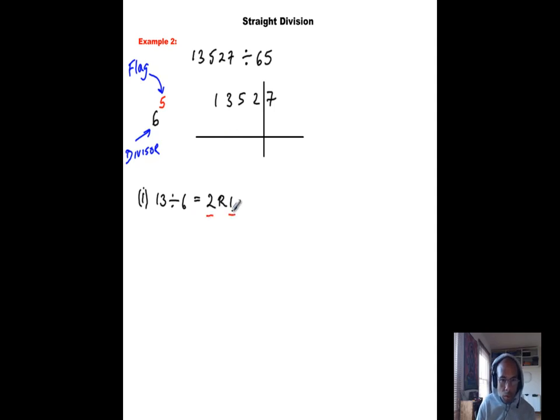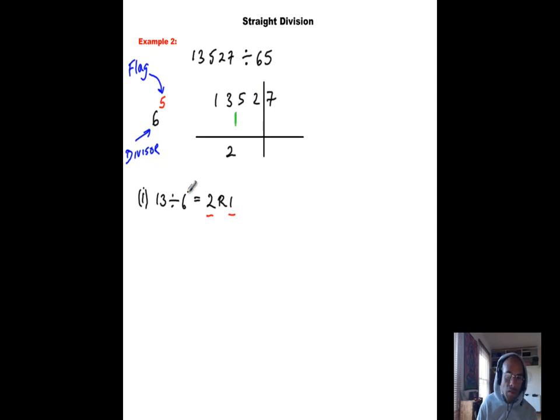Okay, so we take the 2, put it directly under the 3 here, because that was the 13 we're dividing by. And we take the 1 and prepend it to the 5. I'm just going to put that in a light green color there, as we did before, so you can see that that is the remainder.